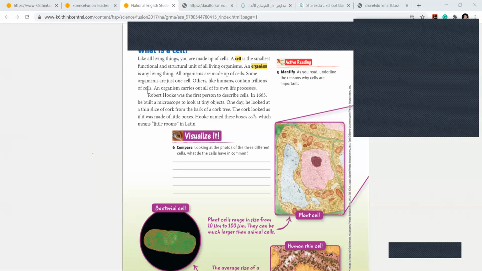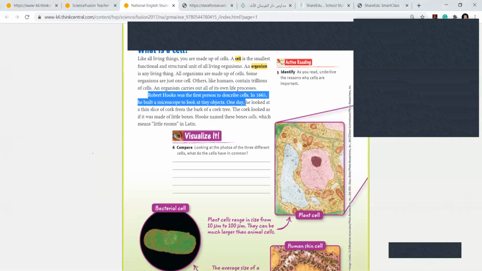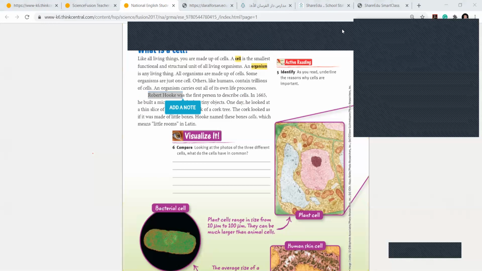Anyways, who is the first person who described the cell? What is his name here? Please read it out. Robert Hooke. Don't forget, girls, Robert Hooke was the first person to describe the cell, in the year 1665. His name is important, girls.